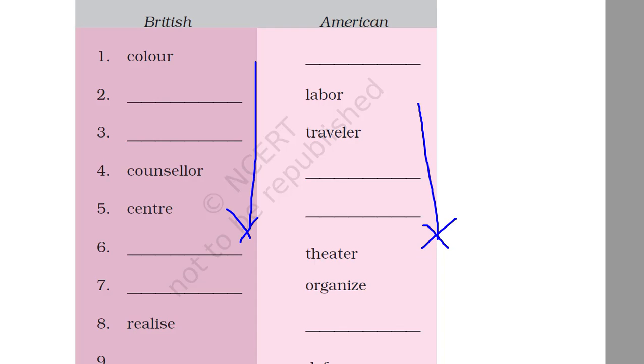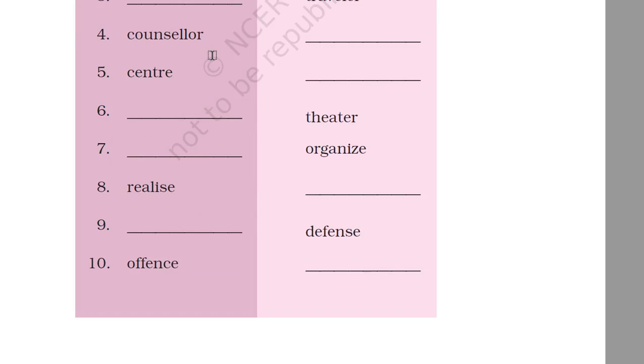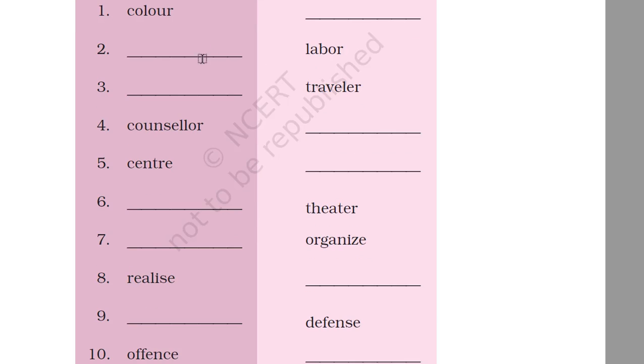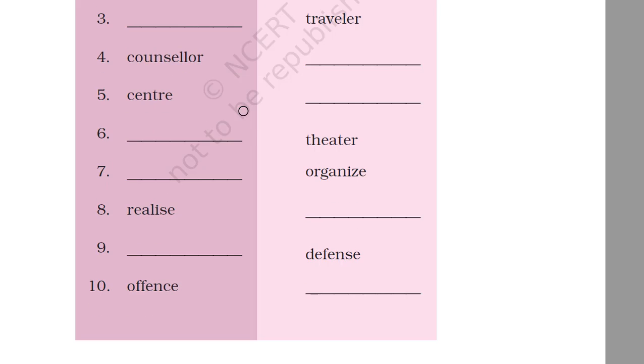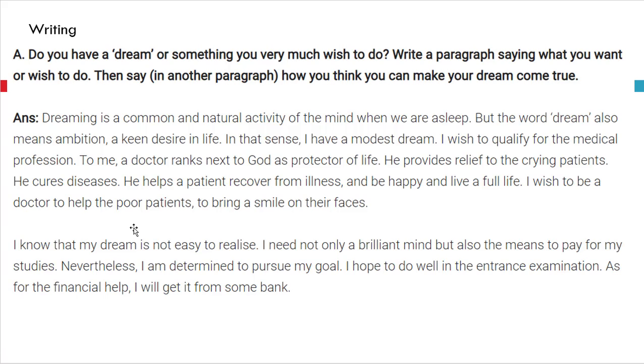Okay, that is our task. So color. What is the spelling of color in America? That is COLOR. Right? That is the correct spelling in American English. So you need to find out what the differences are and what the spellings are. So let me show you. I have written it here already.